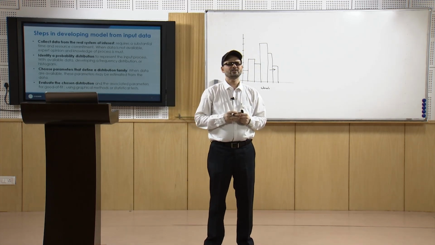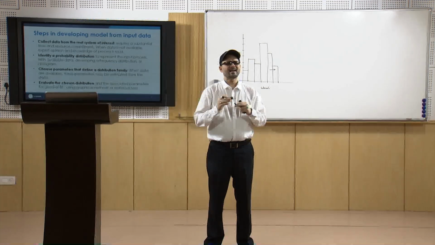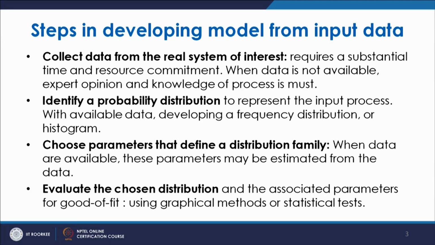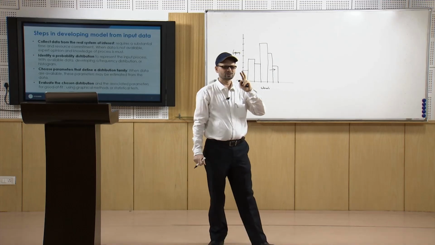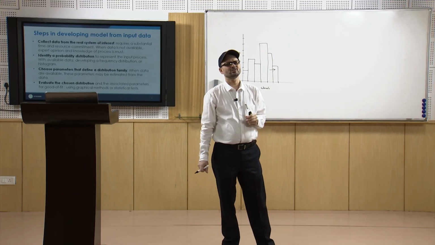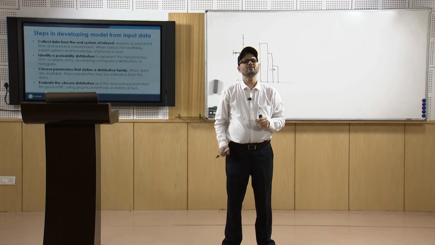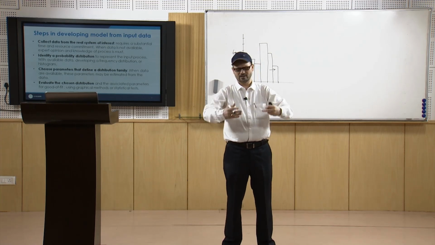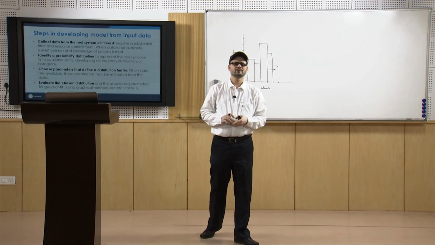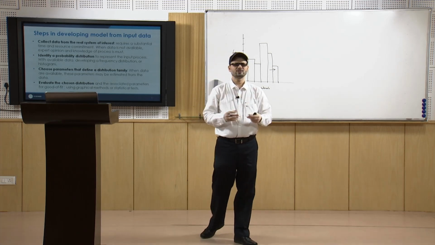Then the next point is to choose parameters that define a distribution family. Once you see what the data looks like, for that particular distribution you have the parameter estimation. For example, if you have the exponential distribution, the rate is to be seen.